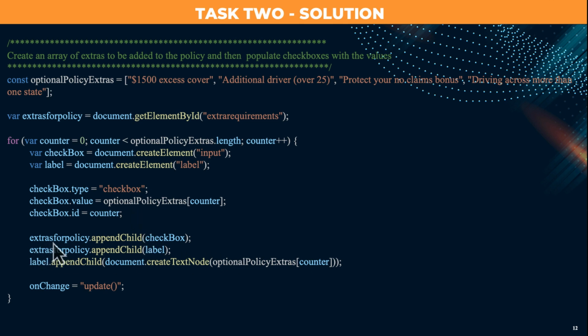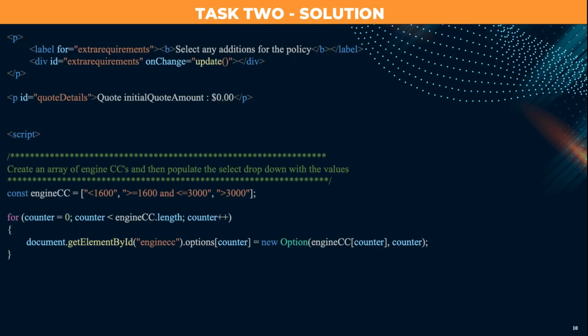So we then go extras for policy, which is this piece up here, var extras for policy equals document.getElementById extra requirements, and the extra requirements was here in this div.